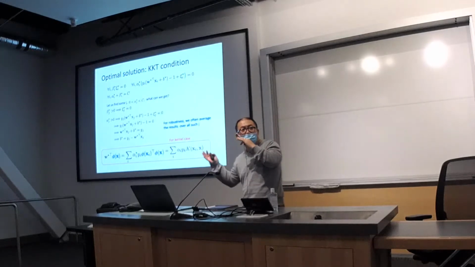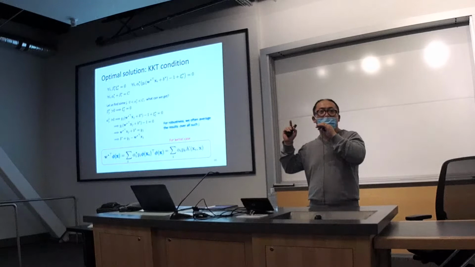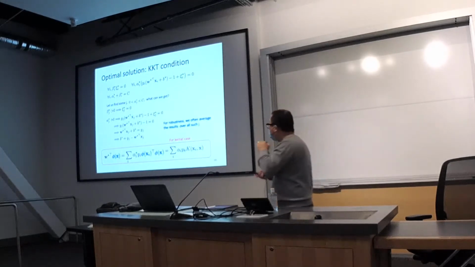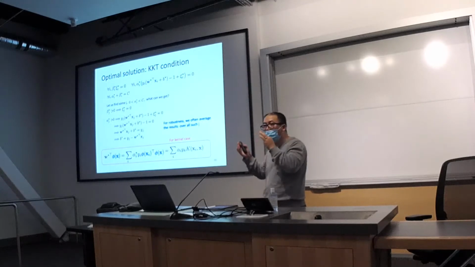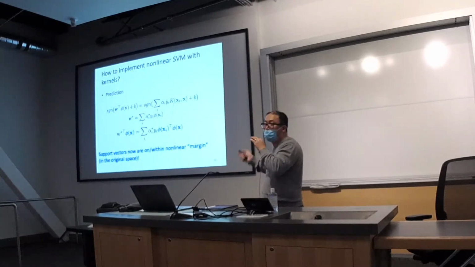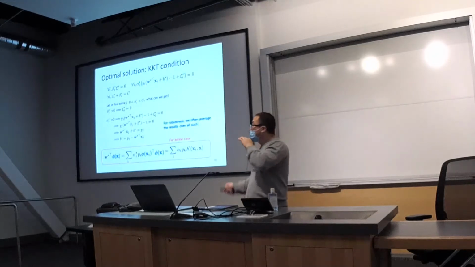Yeah, think about it, because you have to implement nonlinear SVM. You need to write code to get b star and then plug it into the prediction function to make predictions for new examples. How do you get b star?